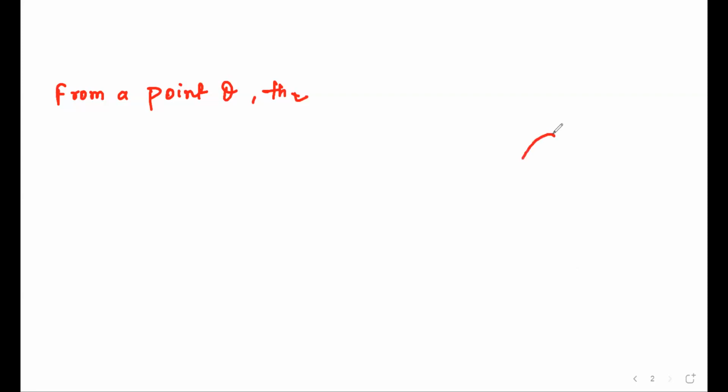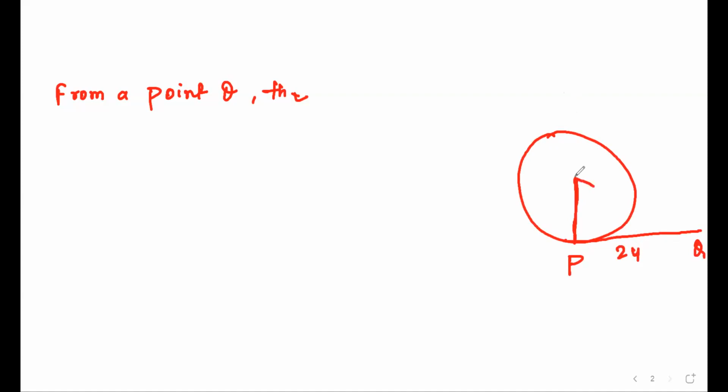So if we are having a circle, and from a point O we are drawing a tangent over here, that is PQ. And if we are dropping a perpendicular like this on the tangent, here length PQ is already given as 24, length OQ is already given as 25.